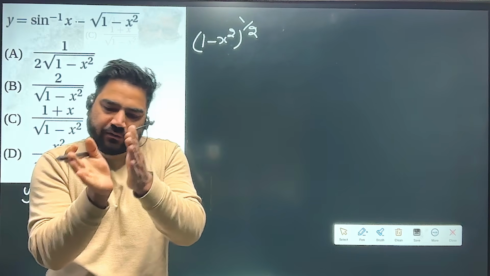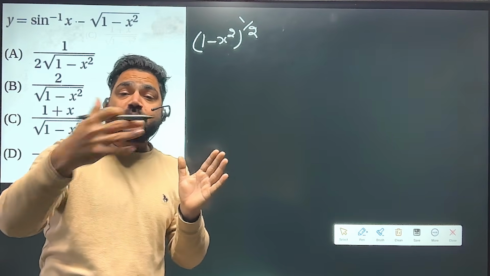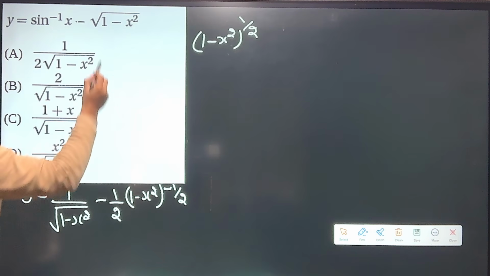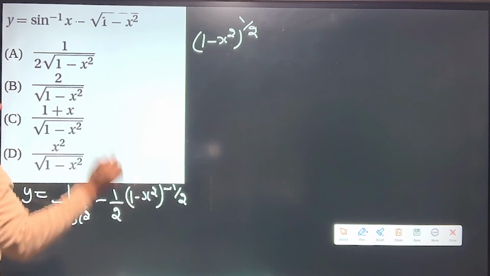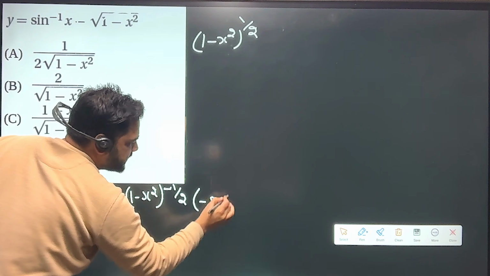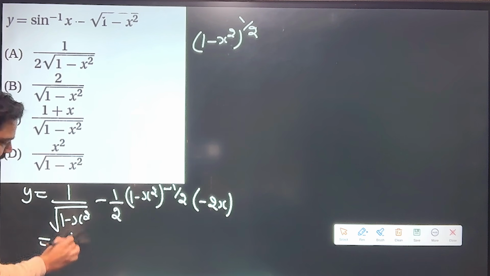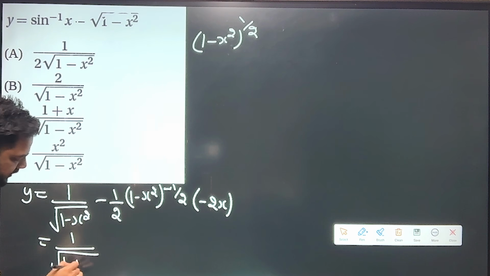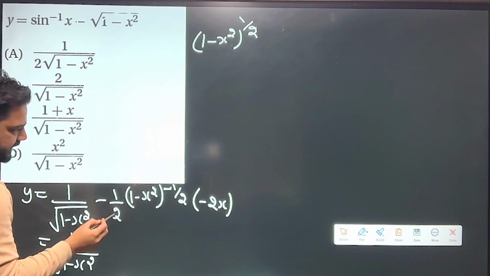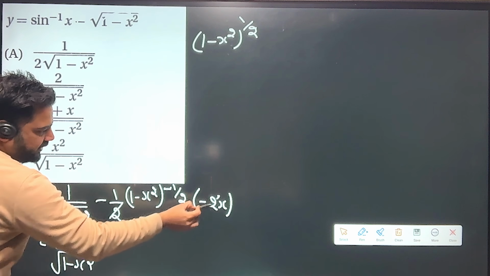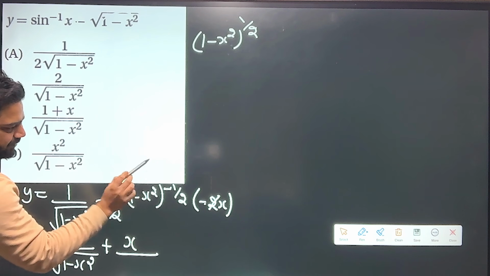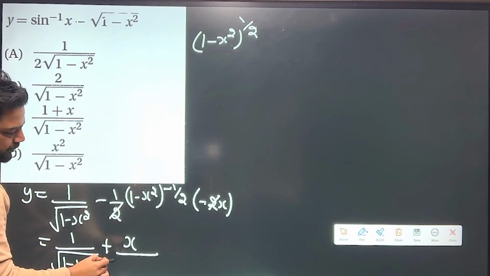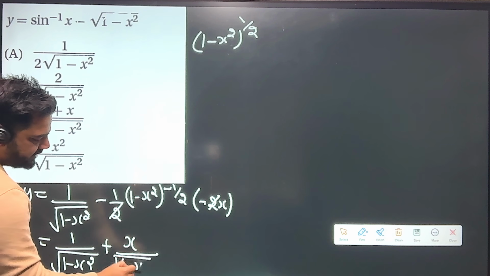For the power derivative, the power will come ahead and 1 power we have to subtract, but after that the bracket part will also be differentiated. What is there in the bracket? 1 minus x square: the derivative of 1 will be 0 and the derivative of minus x square will be minus 2x. Yes, this is the answer. So 1 upon under root 1 minus x square, then the 2 will cancel, minus minus will be plus, it will be x upon, and since the power is minus 1 by 2, it will come in the denominator, under root 1 minus x square.